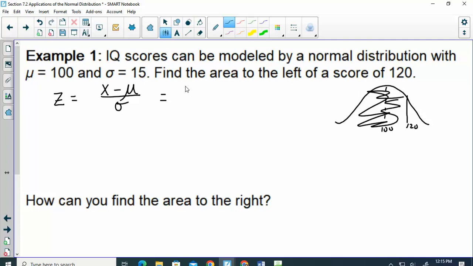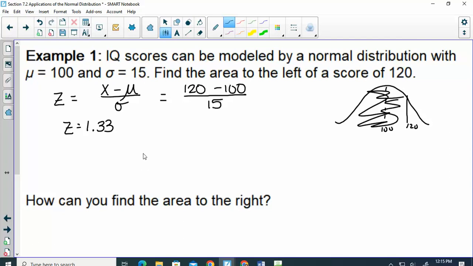So my x is the score we're looking at, 120, minus the mean, which is 100, divided by the standard deviation of 15. We always round z's to 2 decimal places. I told you that back when we were finding them before. Not that it was a huge deal, but that's what we typically did. Make sure you round up or down as needed. So what's that give us? 1.33.